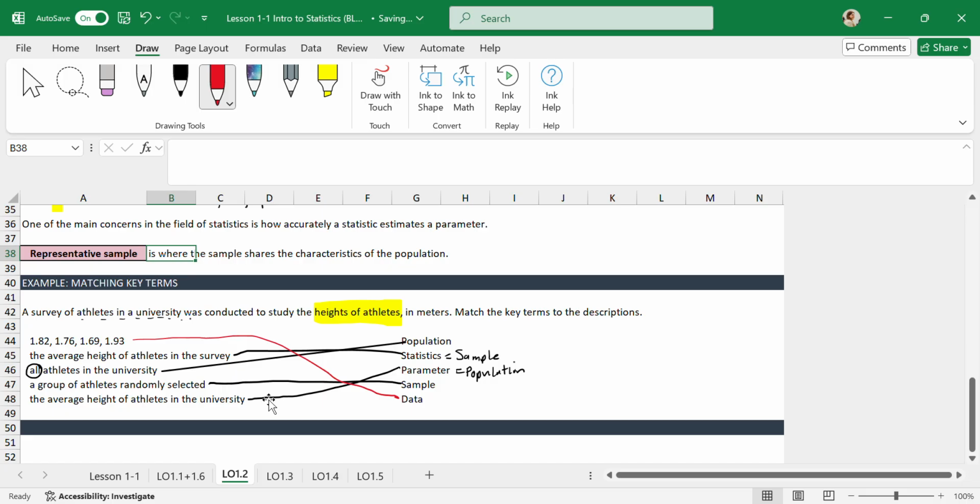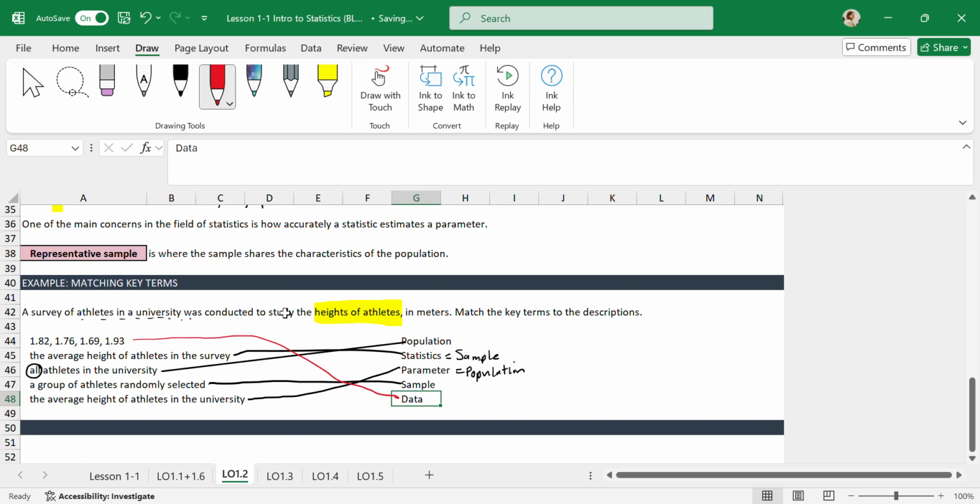So it's very important to be very clear in a statistical sense about which data you have and what you're trying to estimate. Hopefully matching them here shows you how that slight difference in wording can be matched to population, parameter, statistic, sample, and data.